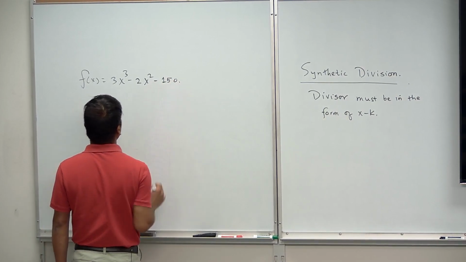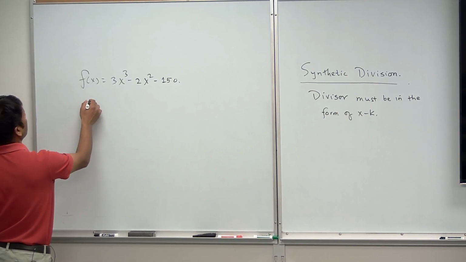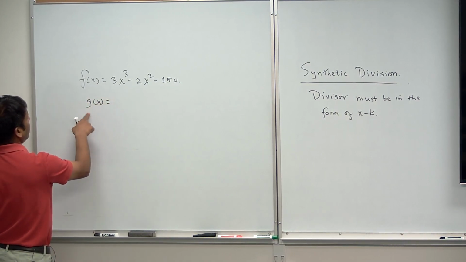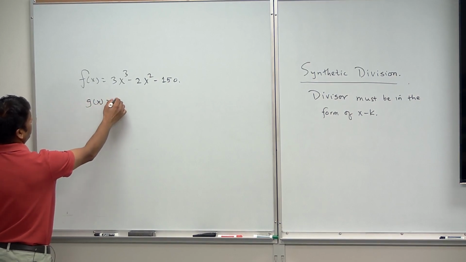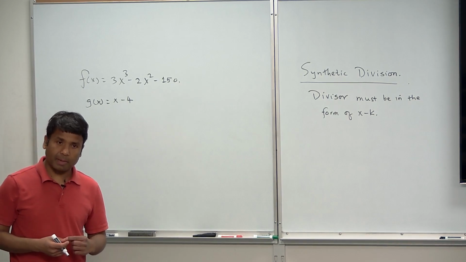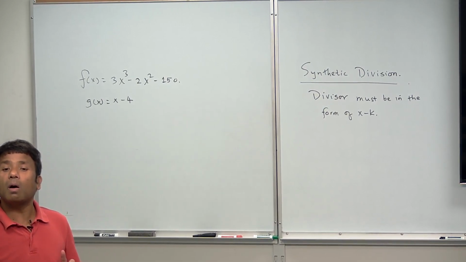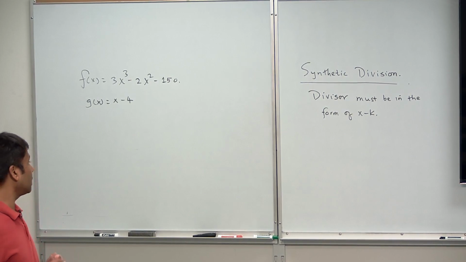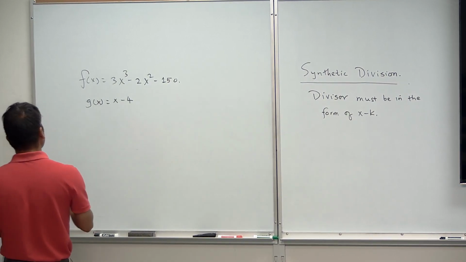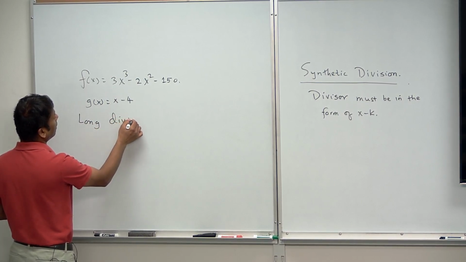This is your polynomial. You want to divide by your divisor g(x), which is x minus 4. So now, let's use long division. First of all, I want to use long division.